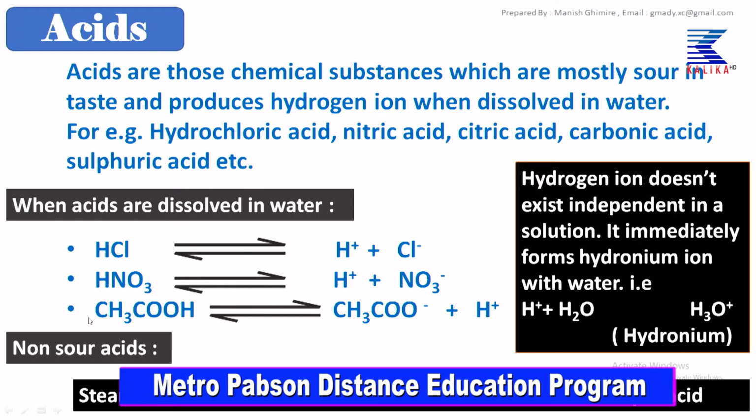The first is acids. You must know acids means something that is sour in taste. I mean to say, acids are those chemical compounds which are mostly sour in taste. Mostly means what? Not all the acids are sour, but most of them. Quantitatively, more than 98% of acids found in nature or artificially synthesized in chemical labs are sour in taste.